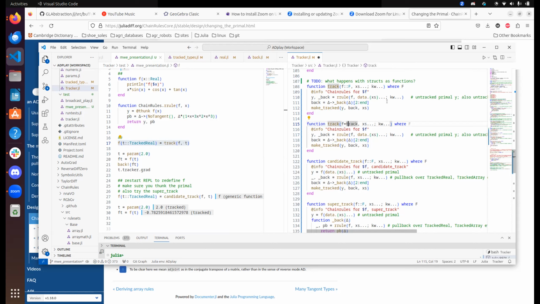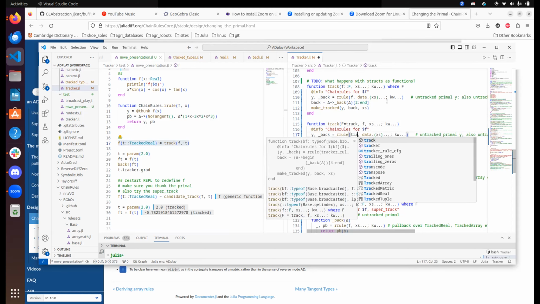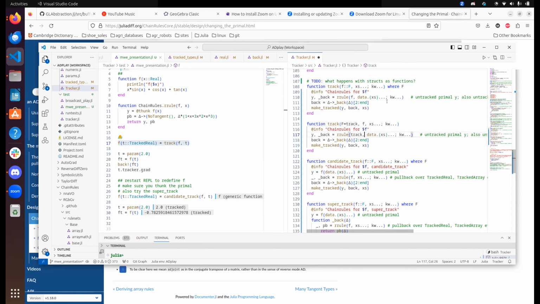Let's say this would be big F, and then we have our original function and this, and then you propose to call a reverse rule for track that we are going to define, right? F would be another argument, and then here we will have data, and now the question is what the reverse rule shall do here over track.